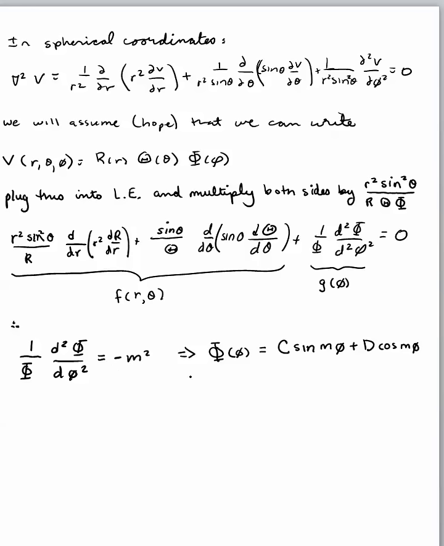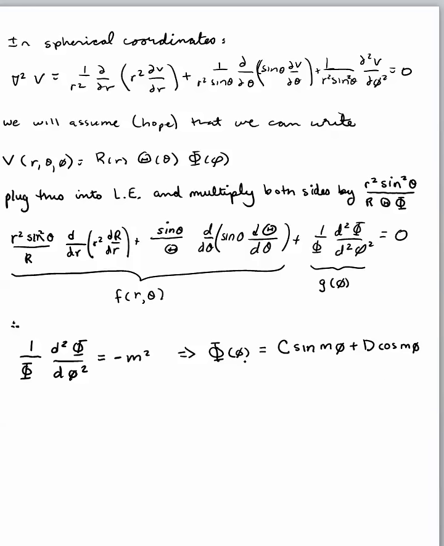If we consider our spherical charge distribution, we know that the azimuthal dependence has to be periodic over a period of 2 pi. Because if we go around any spherical charge distribution, it doesn't matter the symmetry. If we go through a full rotation of 2 pi, we come back to our original position. And that means this function has to come back on itself.